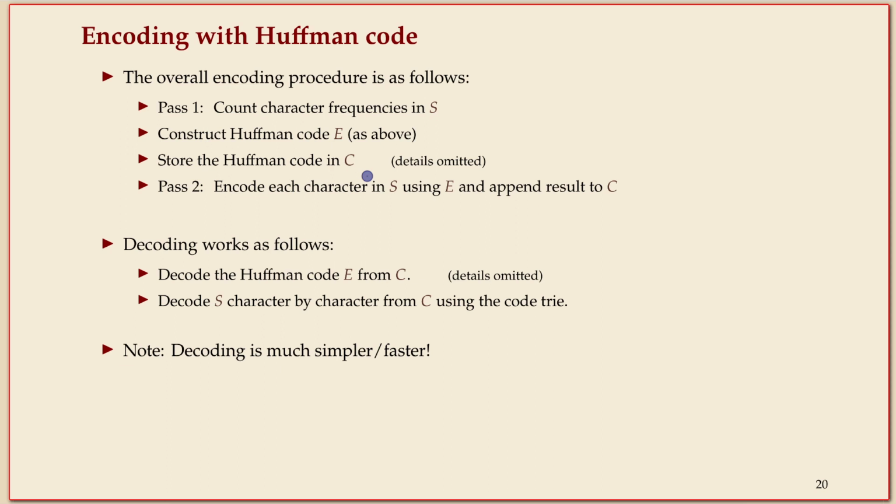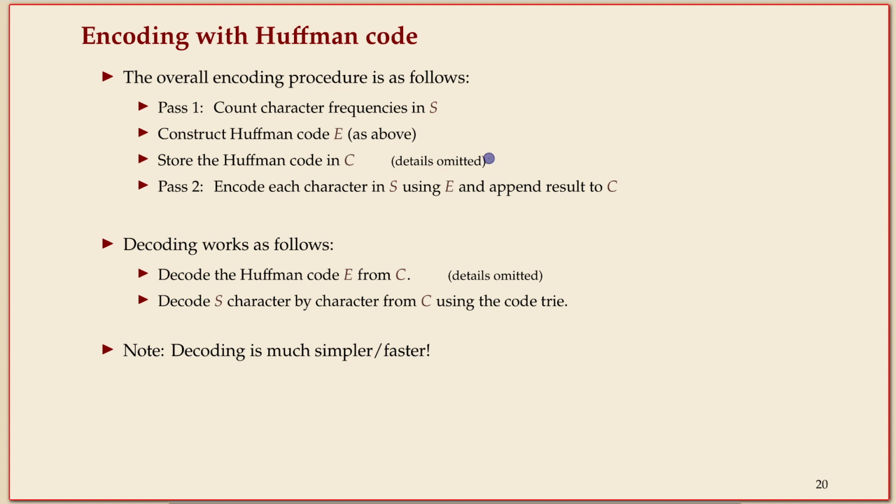But then we also have to somehow store the Huffman tree or the code that we get from it, because the decoder needs to know what the code was like to decode. And the decoder cannot use the character frequencies because it hasn't decoded the text yet. So we have to store the tree in some way.